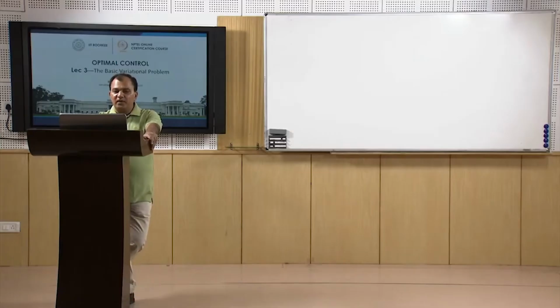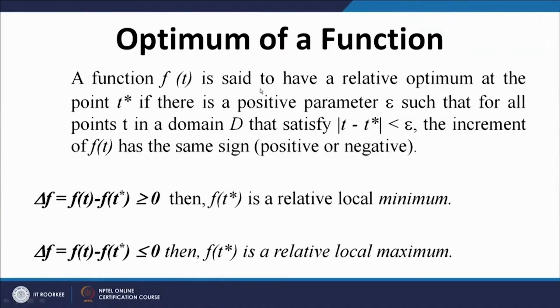By definition, a function f(t) is said to have a relative optimum at a given point, say t star, if there is a positive parameter epsilon such that for all points t in a domain D that satisfy mod of t minus t star less than epsilon, the increment of f(t) has the same sign, either positive or negative.